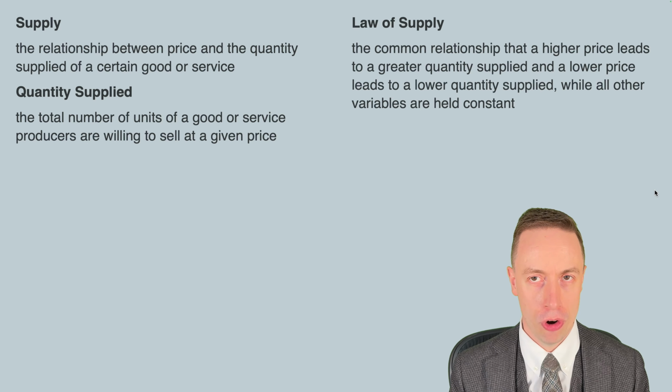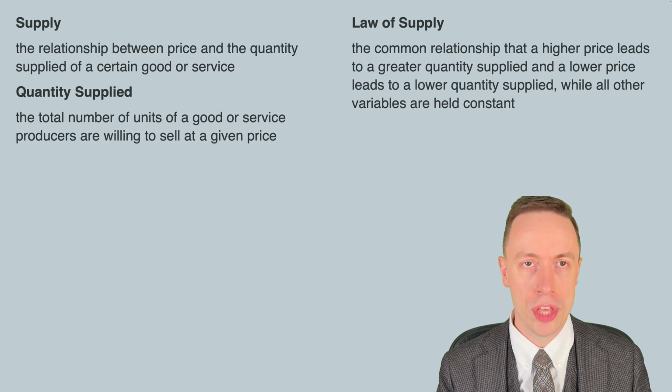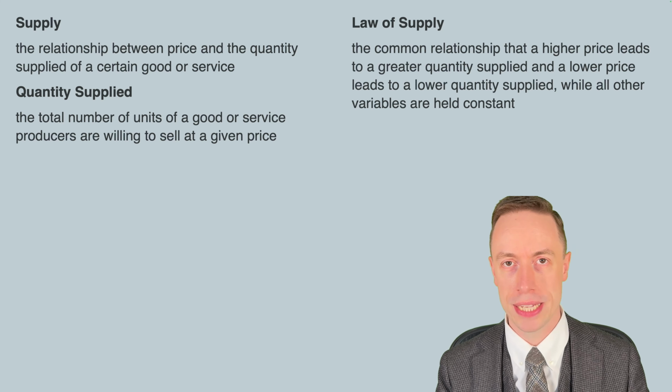On the other side of those market transactions, we have the supply, representing the sellers of a product. Rule of thumb, whoever is getting paid in a market, they are represented by the supply curve. Very similar terminology is at work here. The supply refers to the entire relationship.